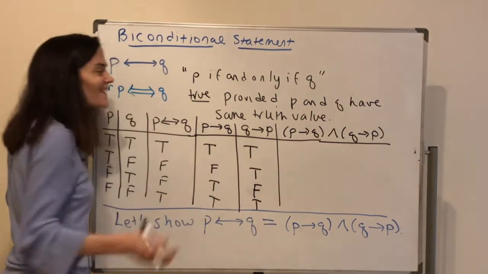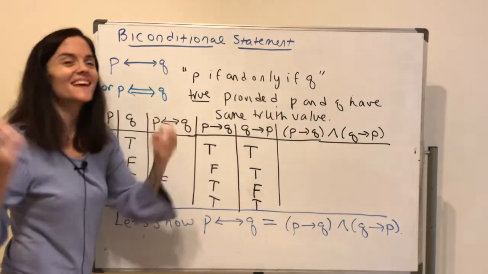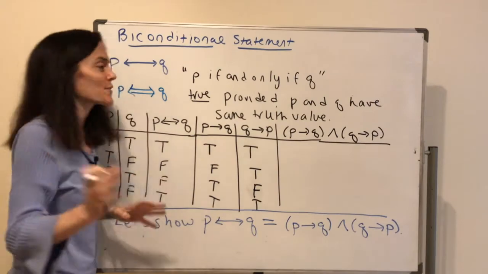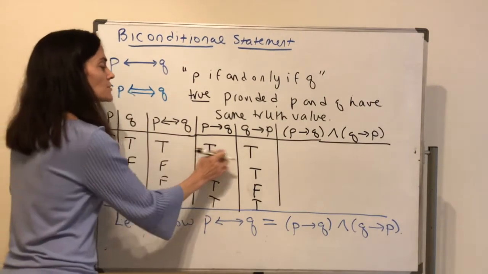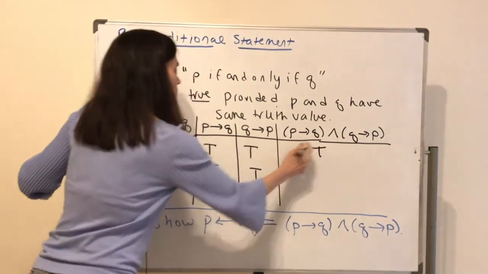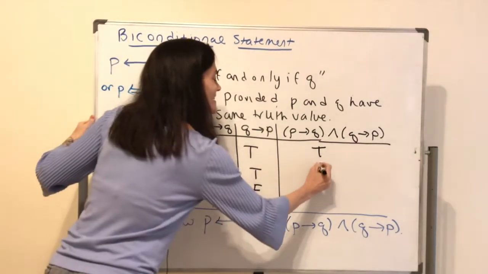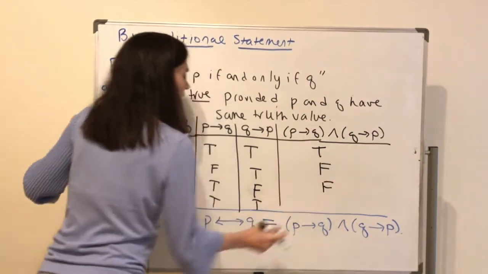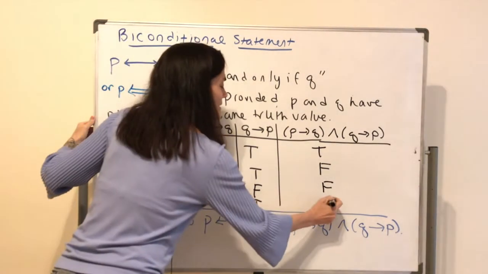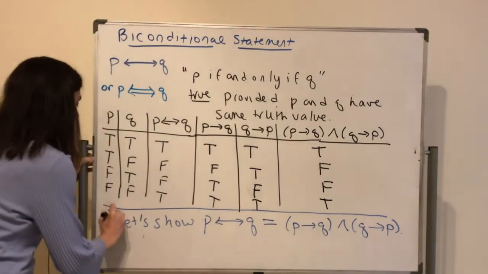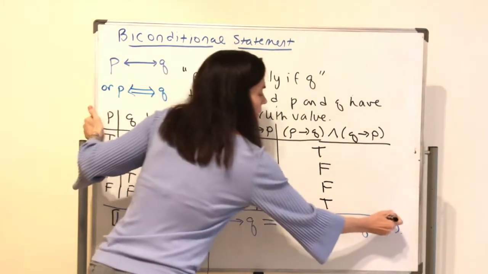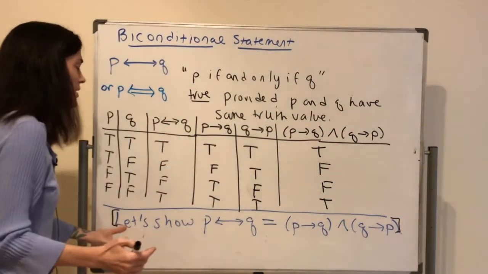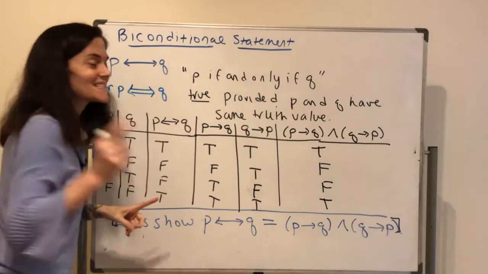Now we are anding. So we look here, and we perform the and operation. True, true, the and is true. False, true, the and is false. True, false, the and is false. And true, true, the and is true. Now I'm going to finish the proof of logical equivalence below. So it's a truth table plus a sentence.